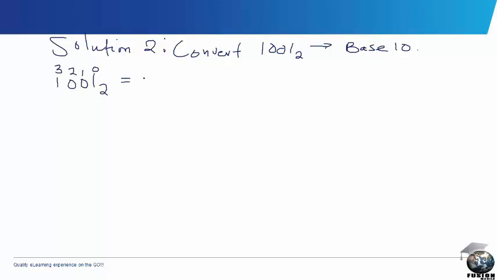You have 1 multiplied by the base number 2 raised to the superscript number 0, plus you have 0 multiplied by the base number 2 raised to the superscript number 1, and you have 0 again multiplied by the base number 2 raised to the superscript number 2, and you have 1 multiplied by the base number 2 raised to the superscript number 3.